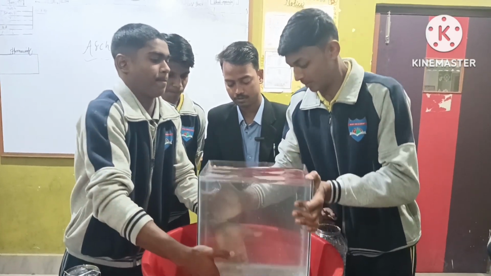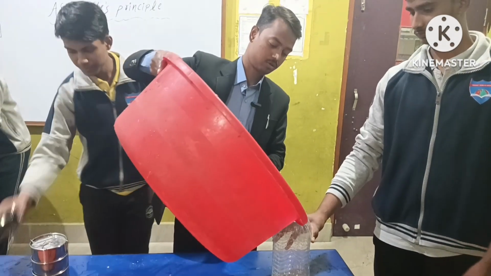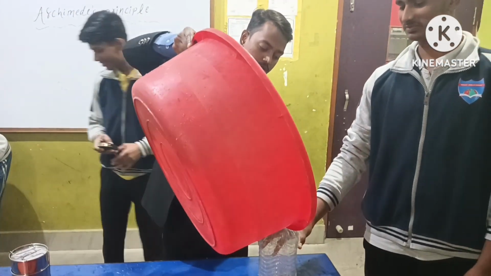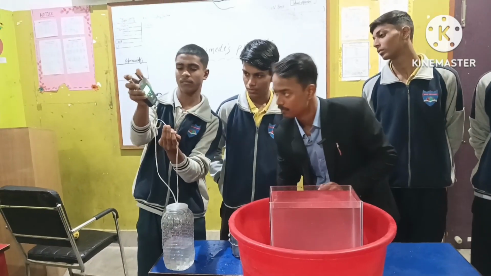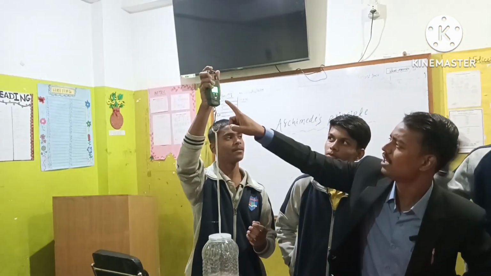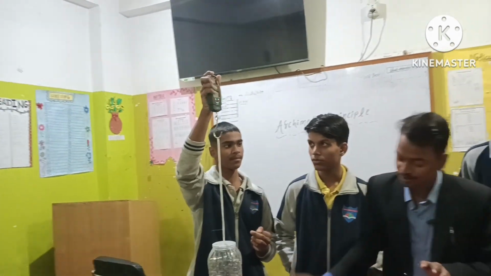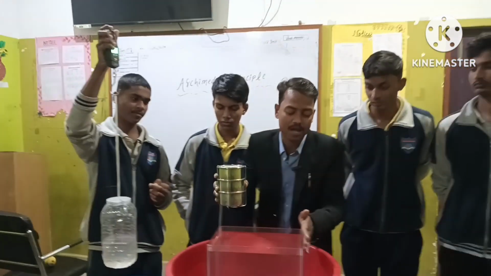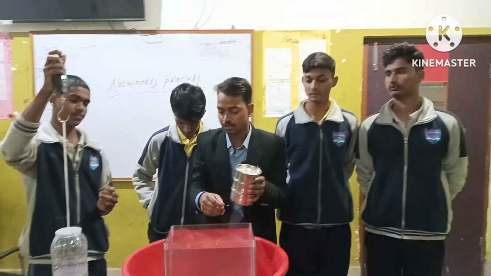Okay. Now its weight is 1 kg 85 gram. That means 1 kg 85 gram of water is displaced by the lunch box.